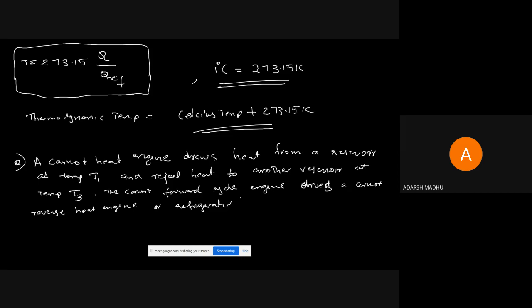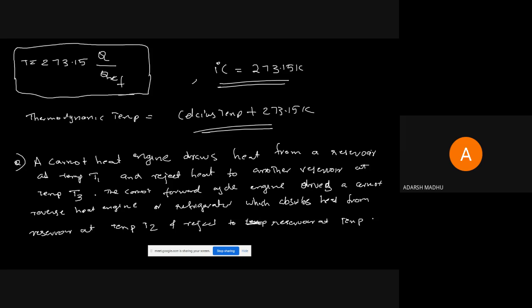The refrigerator absorbs heat from a reservoir at temperature T2 and rejects heat to a reservoir at temperature T3. Okay.